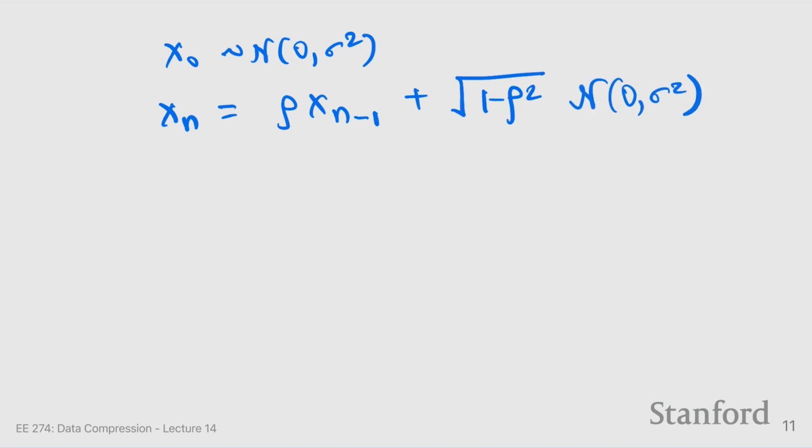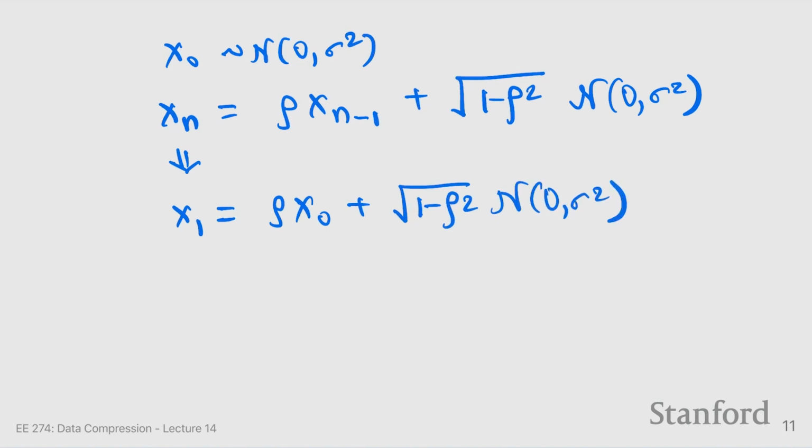Okay, so let's work out a few of these components, what their distribution looks like. Just spelling this formula out, your x_1 would be rho x_0 plus this noise term. Since our noise is IID compared to whatever my previous X is, now you can figure out the distribution of X_1.